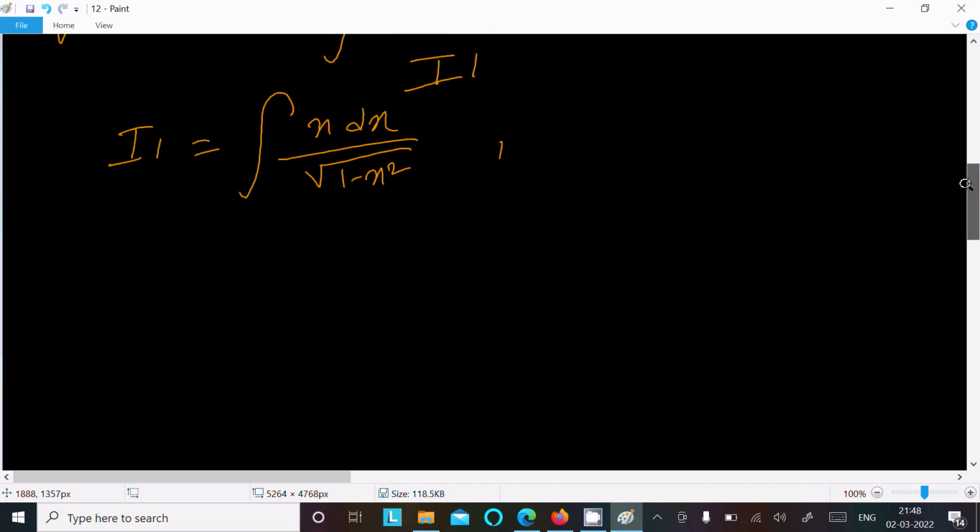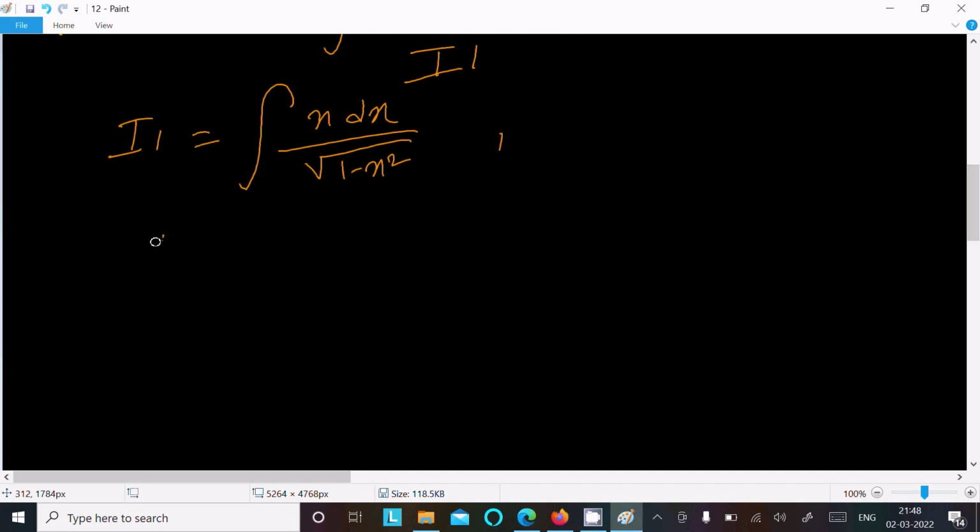For this one we need to assume u equal to 1 minus x square. Then du equals, the differentiation of 1 is 0, and of x square is 2x, and here dx.